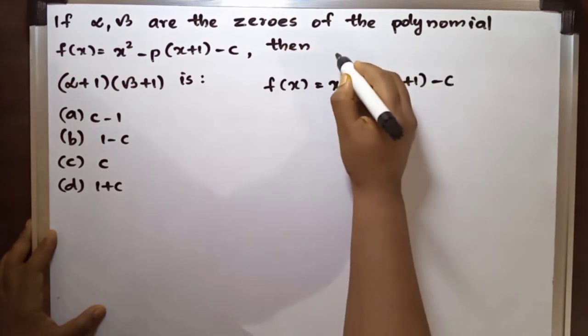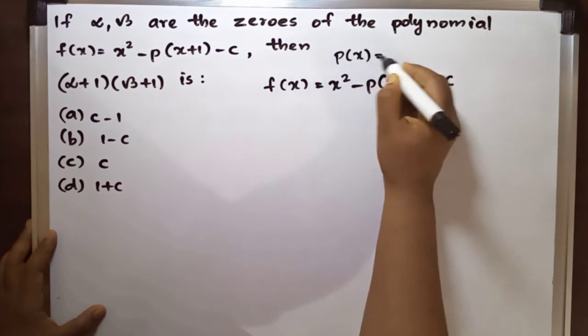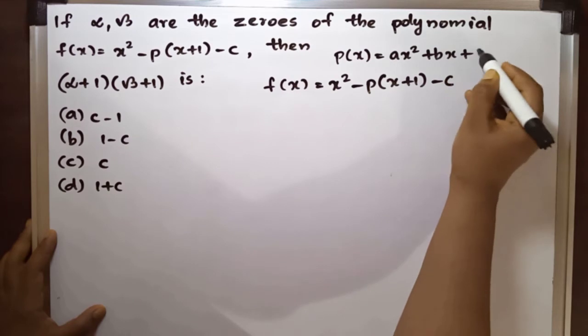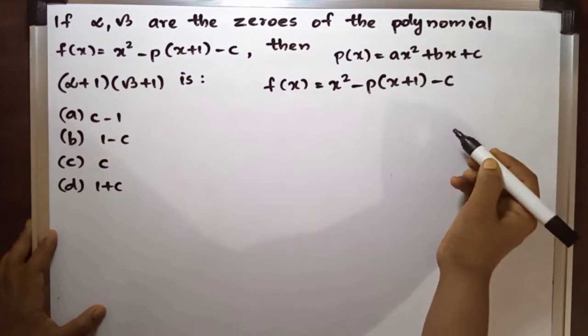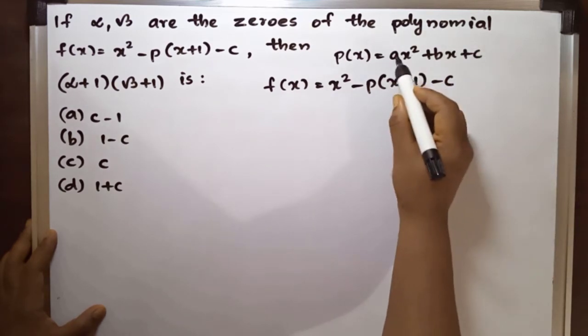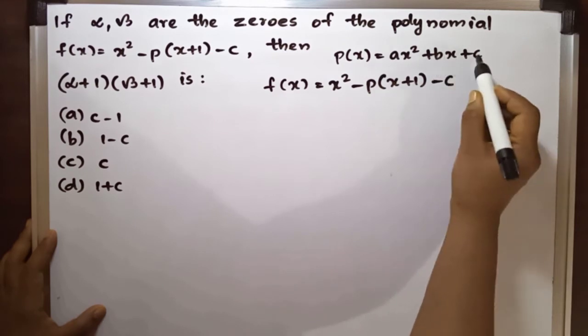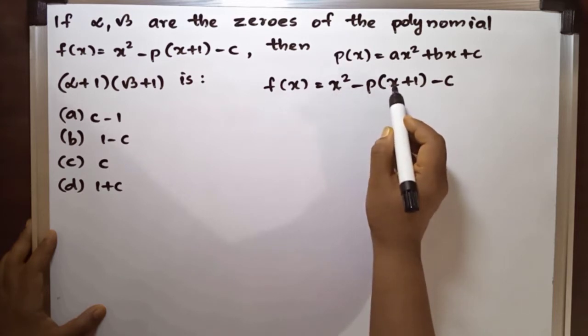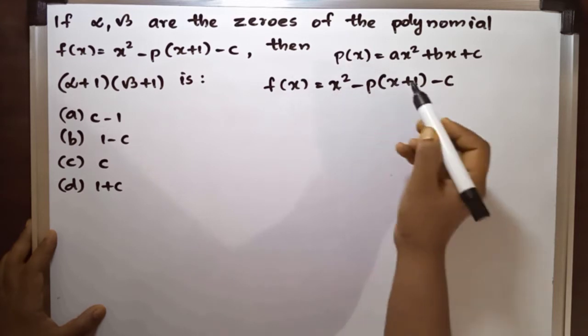And we know the general form of a polynomial as ax square plus bx plus c, right? Here x square term is there, x term is there and a constant term is there. Here x square term is given, but the term for x is given indirectly.